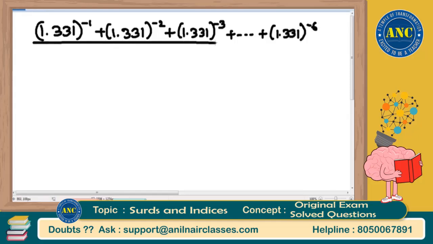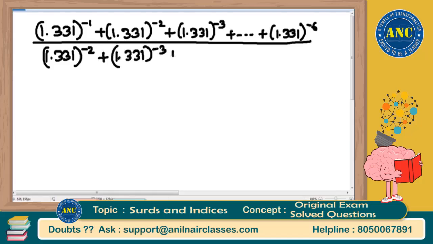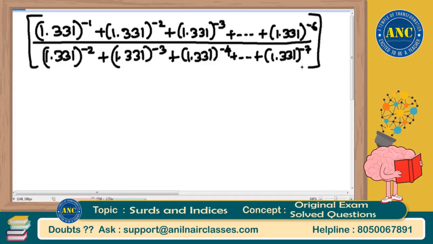Whole thing divided by 1.331 to the power of minus 2 plus 1.331 to the power of minus 3 plus 1.331 to the power of minus 4, and the last term is 1.331 to the power of minus 7, and then this entire thing is raised to a power of 1 by 3, and the question still not completes because another term is there which is called as divided by 1.1.